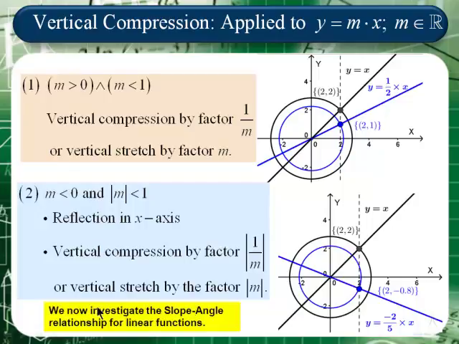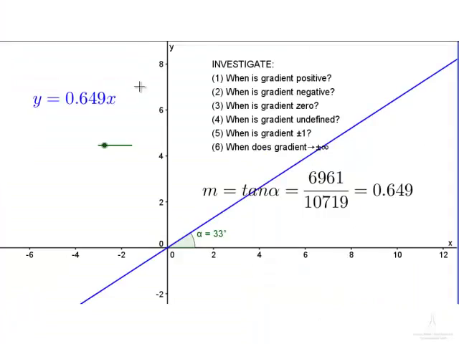We will now investigate the slope-angle relationships for linear functions, and this will be done again by means of a GeoGebra investigation. In this investigation, we investigate more in a structured way the relationship between the gradient and the angle. In other words, we ask some questions.